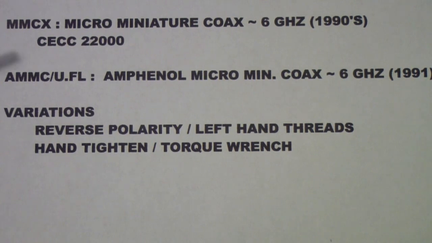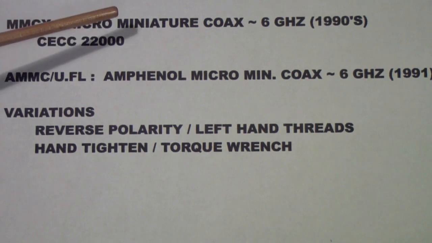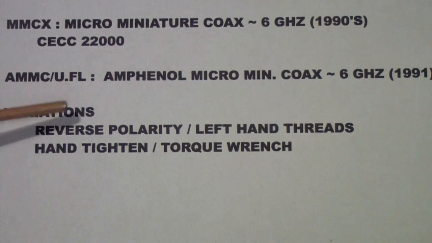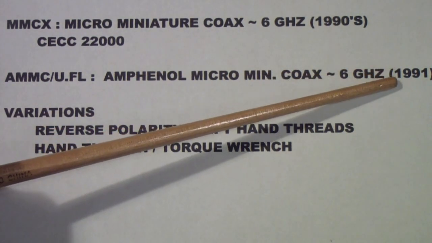Finally, let's talk about the MMCX and the AMMC. Now, I want to treat these two together, and I'll show you examples of each in a minute. The MMCX was actually a European development intended to get around the patent on the UFL connector, the American and later filed in Europe patent on the UFL connector, which was filed in 1991.